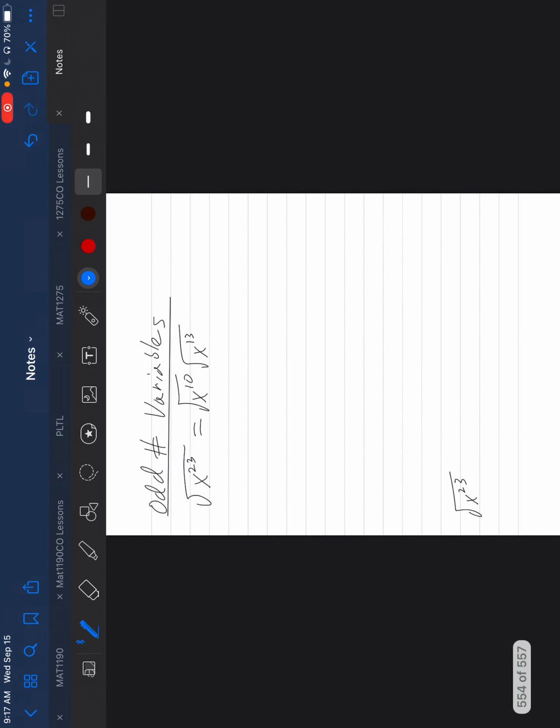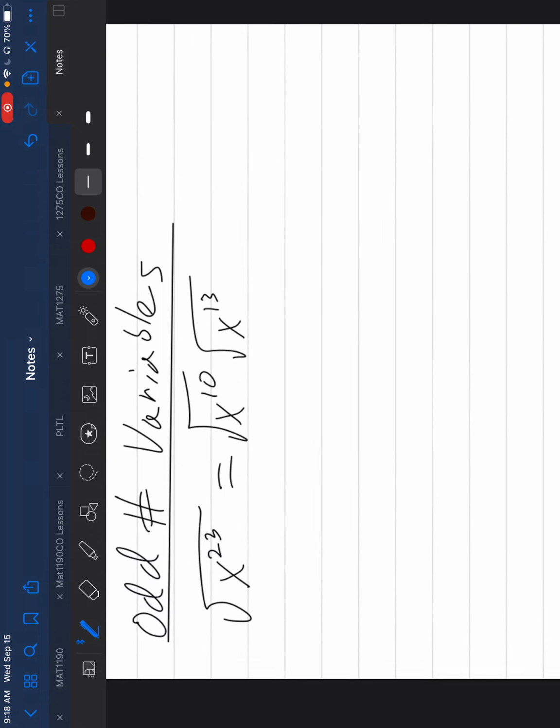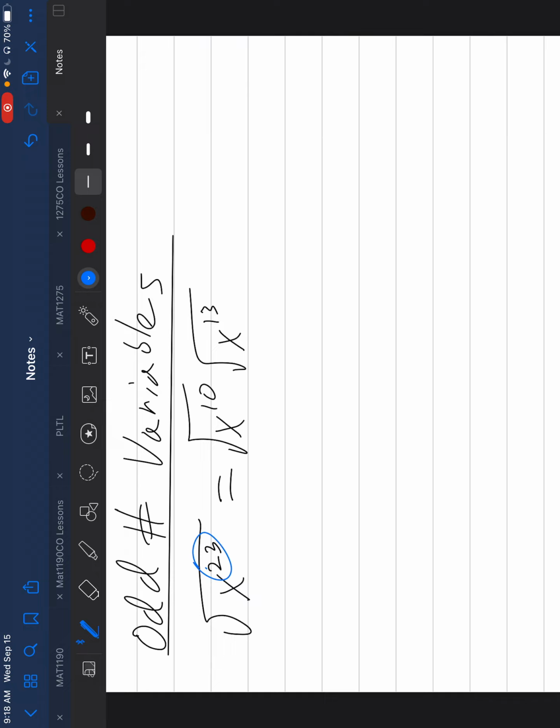Now let's beg the question, what happens if your variables have an odd numbered exponent, such as here, x to the 23rd power? Now remember, the rule of exponents, when you are multiplying common bases, x to the 10th times x to the 13th adds up to be x to the 23rd.